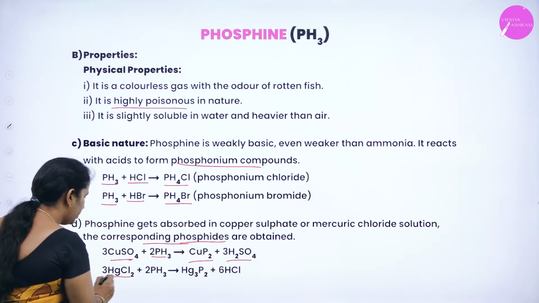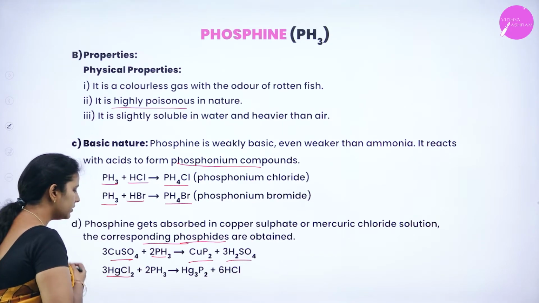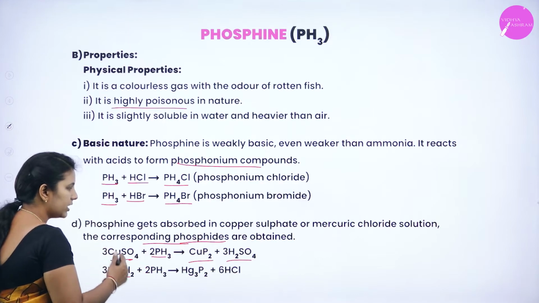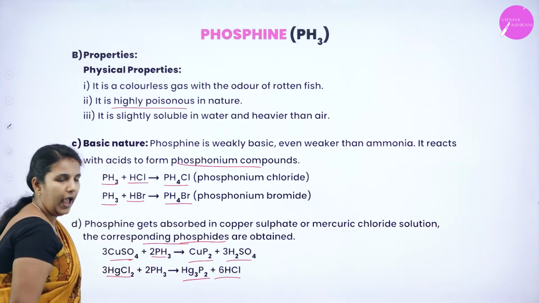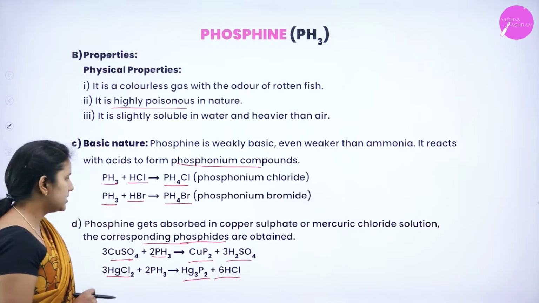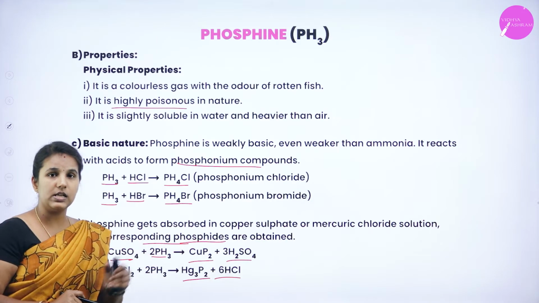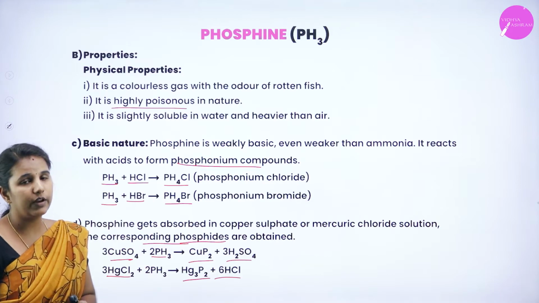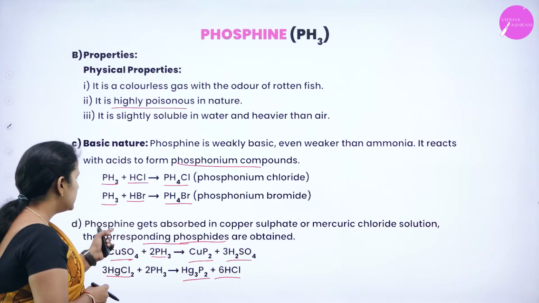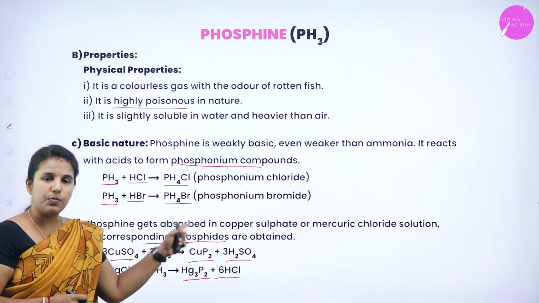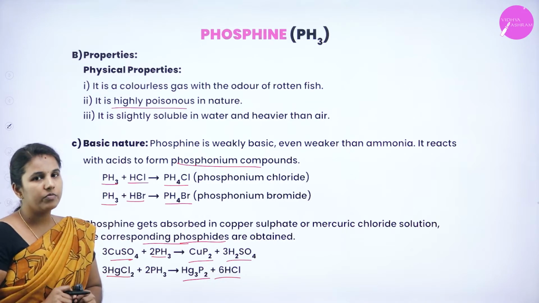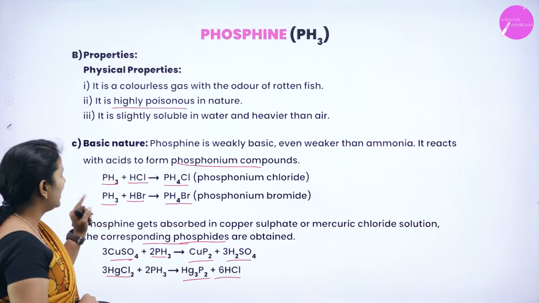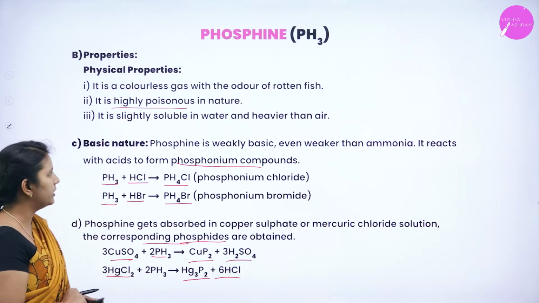Similarly, mercuric chloride, when allowed to react with phosphine, gives rise to the corresponding phosphide along with the formation of acid. So when phosphine reacts with copper sulfate or mercuric chloride, it gives rise to the respective phosphides. This is another important point we can easily understand from this reaction.